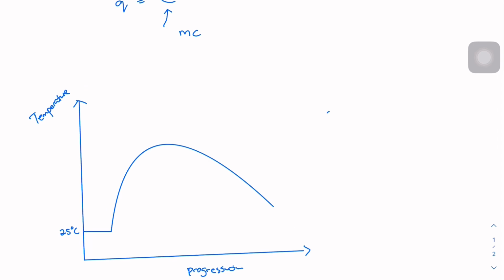We want to find delta T, the change in temperature, but because there's heat loss to the surrounding, people in chemistry have decided to use a technique where they extrapolate the value of T final.